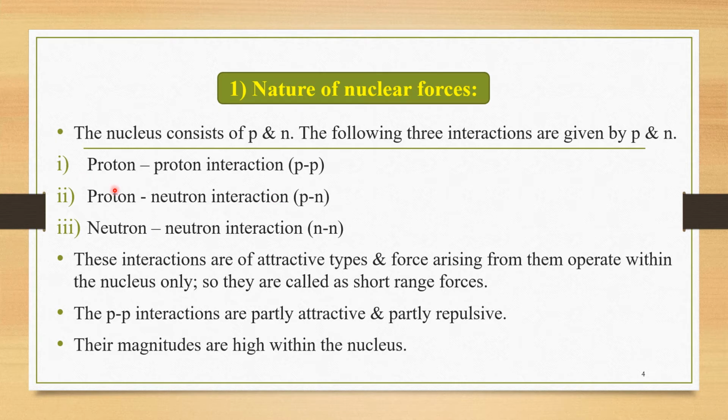Only one interaction, that is the proton-proton interaction, shows both natures, that is partly attractive and partly repulsive, while the remaining two are only attractive type of interactions. Now their magnitudes are high within the nucleus only. Outside the nucleus their magnitudes are negligible. So this is the first important parameter which affects the stability of the nucleus.